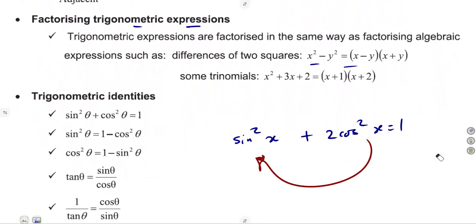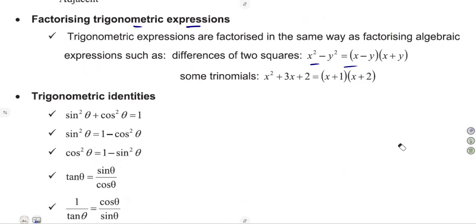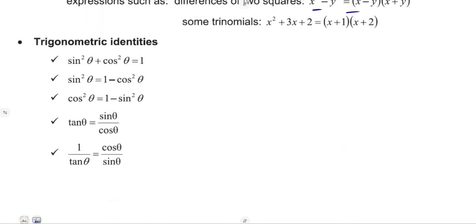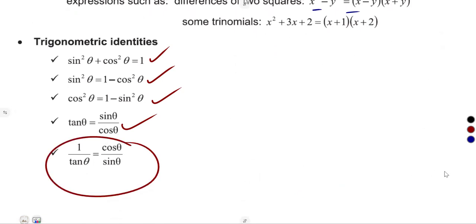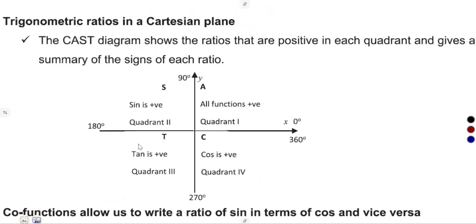So we must remember all identities that we have done before, such as the Pythagorean identities, the sine squared plus cos squared of theta being equal to 1, the sine squared of theta being equal to 1 minus cos squared, and cos squared being equal to 1 minus sine squared. Tan is sine of theta over cos, and its reciprocal, 1 over tan, is equal to cos over sine. Remember that as an individual.